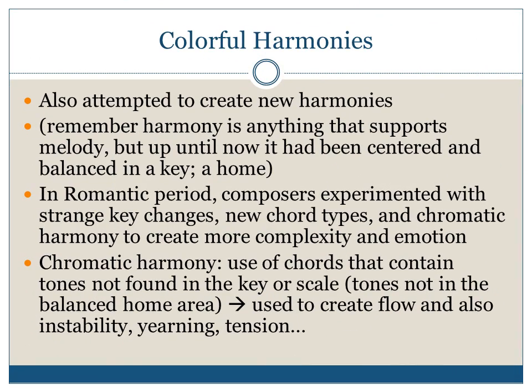Another element that was used differently was harmony. We've identified harmony as something that supports a melody line. Up until now, harmony has been centered, it's been balanced in a home key that really did support melody. But in this period, composers were busy creating new types of harmony that didn't necessarily support the melody in the same way.